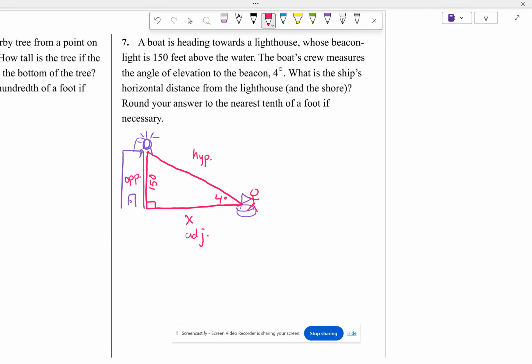Which trig function uses the opposite and the adjacent? If you don't have it written on your paper, maybe you have SOHCAHTOA written at the top. Opposite and adjacent is going to be the tangent. So the tangent of the angle is equal to the opposite on top and the adjacent on the bottom.